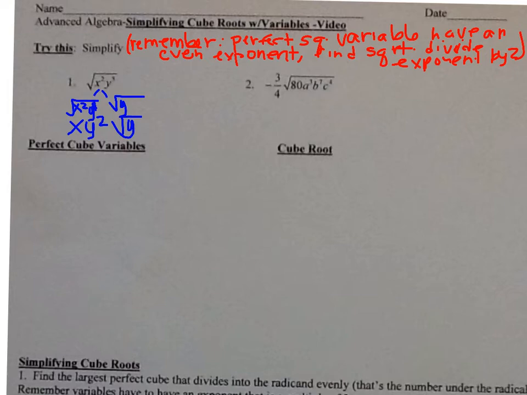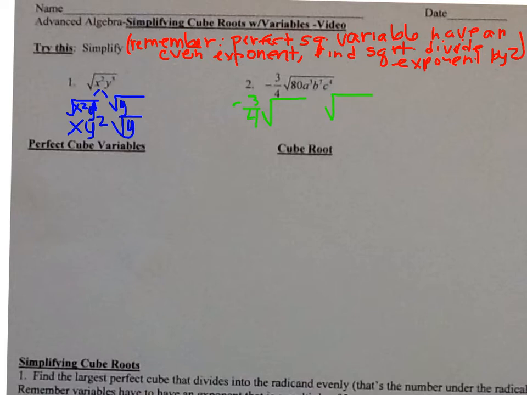We have negative 3/4 times the square root of 80, a to the third, b to the seventh, c to the fourth. All right, so we're going to bring down the negative 3/4. Actually, let me use a different color here. So let's use green here. Negative 3/4. Sorry, I didn't give you guys enough room here.